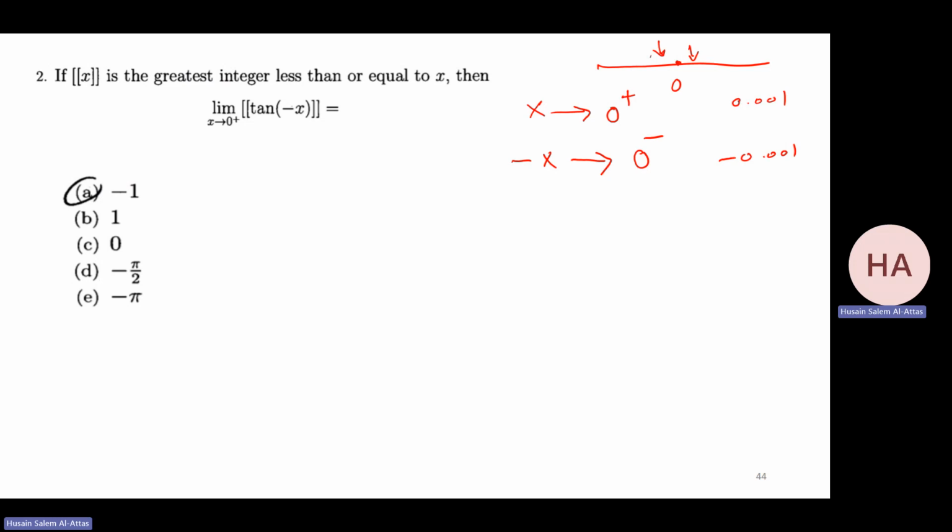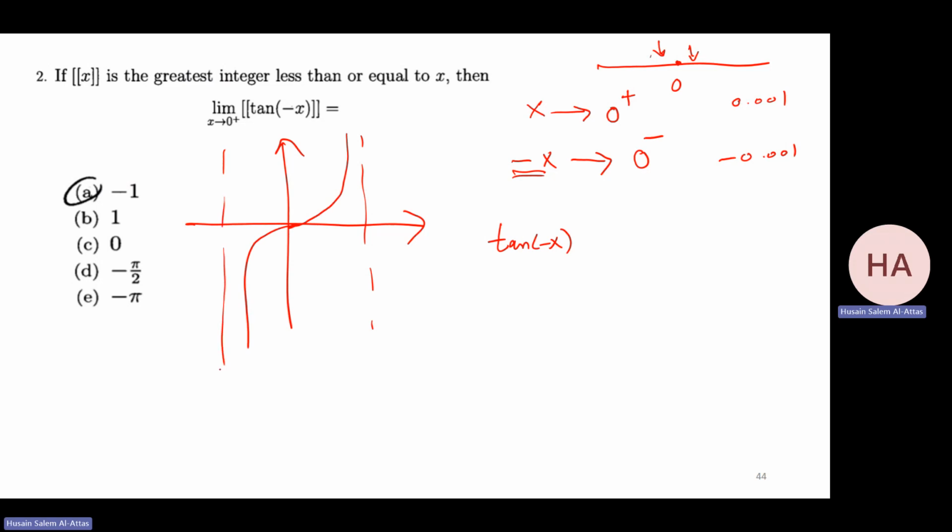Now we need to take tan of this. So I need to check tan of minus x, as my argument is 0 from the left. Think about the graph of tan. This is the graph of tan. The argument of tan goes to 0 from the left. Where is 0 from the left? I am here. So the y values will be what? It will be 0 and from the left also.